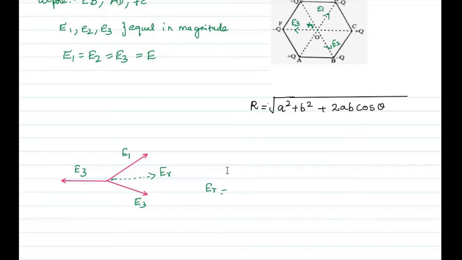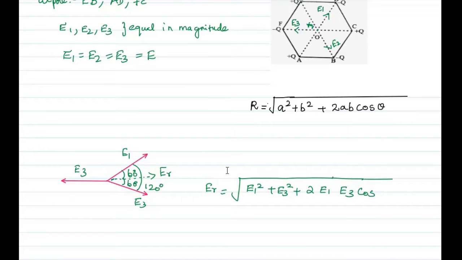ER will be equal to the square root of E1 squared plus E3 squared plus 2 into E1 into E3 into cos theta. Between them it is 60 degree and 60 degree, so total is 120 degree. So theta is equal to 120 degree.